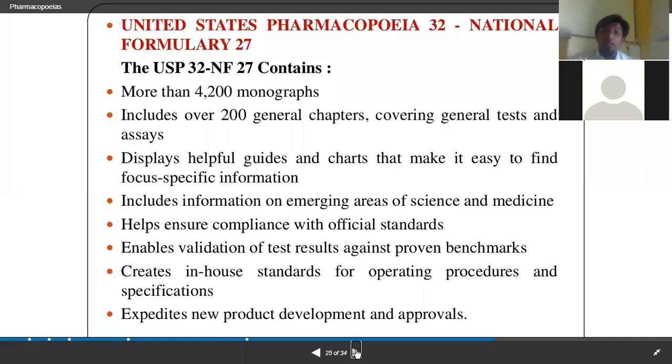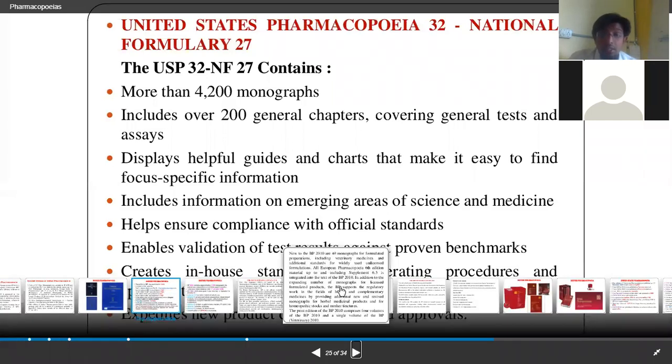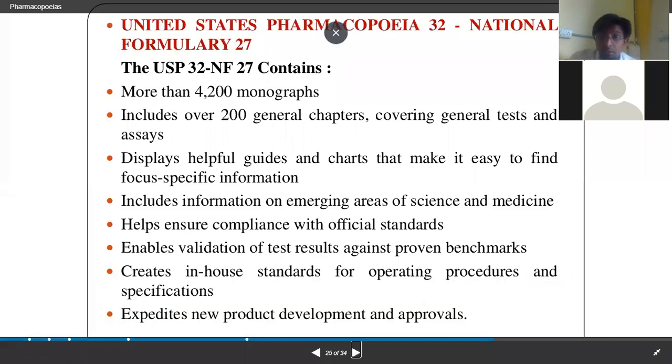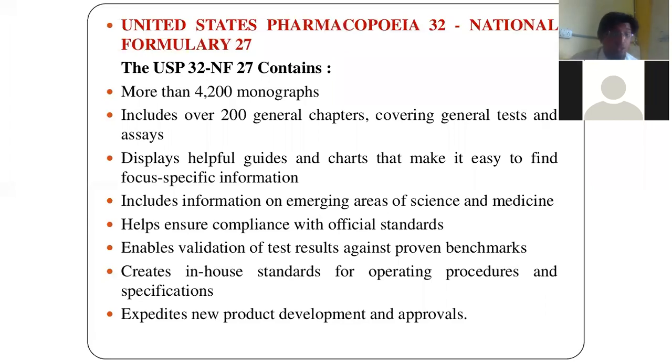Next, there is USP 32 and NF 27. Here you have more than 4,200 monographs, and over 200 general chapters covering general tests and assays. It displays helpful guides and charts that make it easy to find specific information.